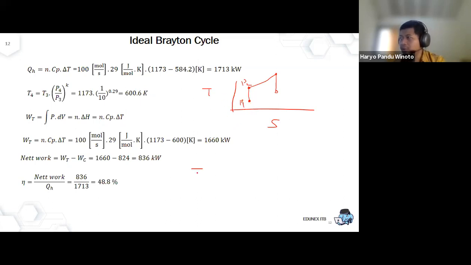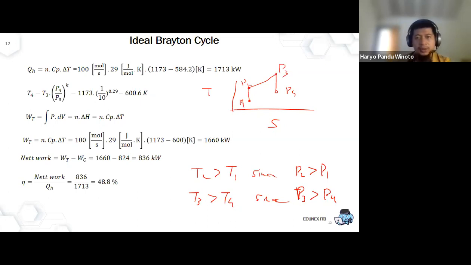T2 must be higher than T1 since P2 is higher than P1. Oppositely, we have P3 and P4. T3 must be higher than T4 since P3 is bigger than P4. Use this logic.